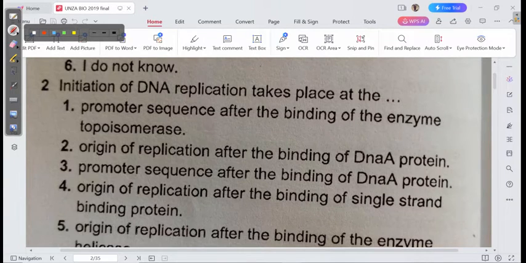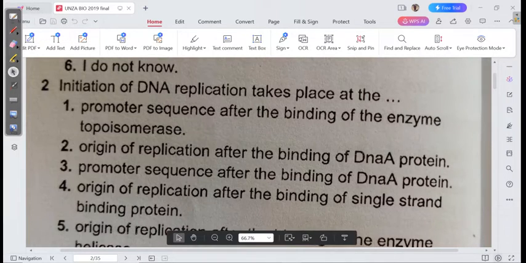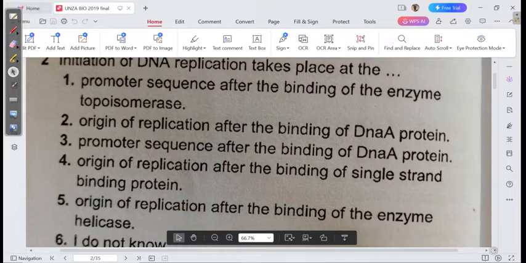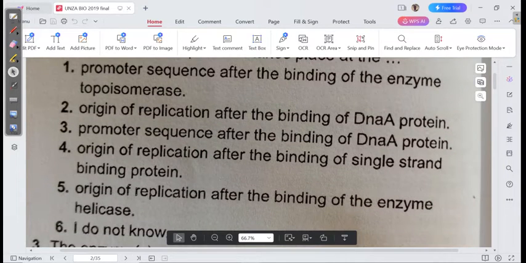Option 3 is saying promoter sequence after the binding of DnaA protein. 4, origin of replication after the binding of single-stranded binding proteins. Then 5 is saying origin of replication after the binding of the enzyme helicase. So what is the correct option to this question?